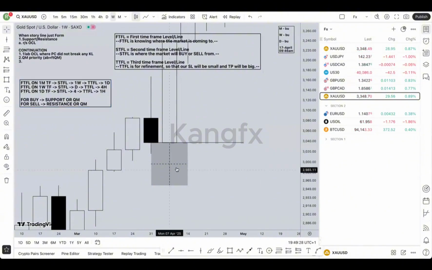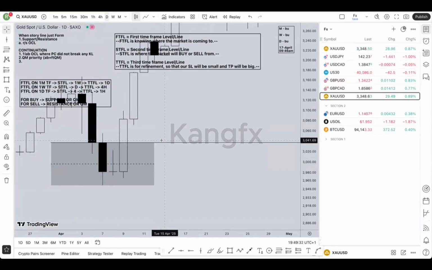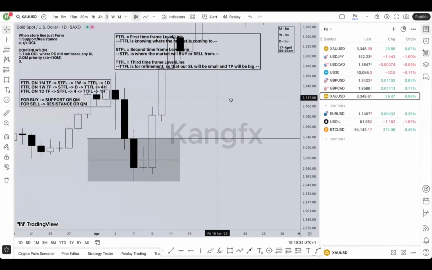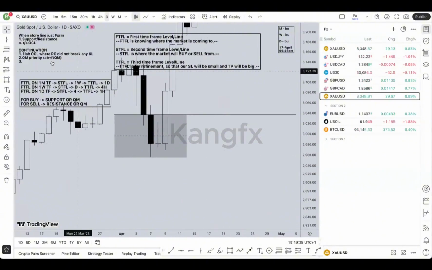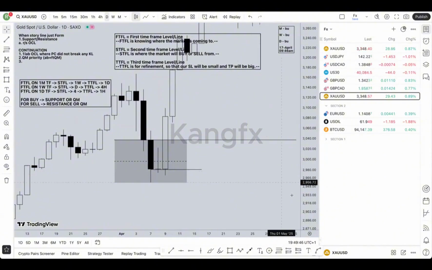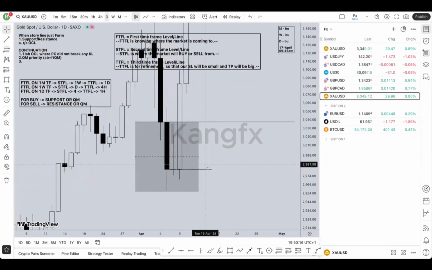So inside here, if I go down to the daily time frame, looking at the daily time frame, if I want to mark my trade, then I want to mark the STFL. I'll be marking the STFL here on this support. This is where I'm expecting the market to come to, but I'm going to do more refinement.